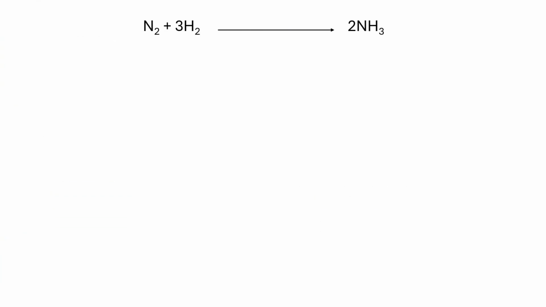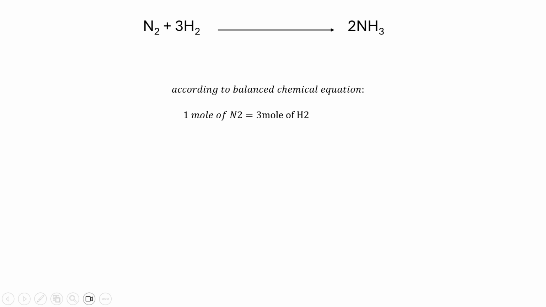We can again write this particular equation according to the balanced chemical equation. Over here you can see for every 1 mole of nitrogen we require 3 moles of hydrogen. Then we can write 9.29 moles of nitrogen would require, simply multiply it with 3 and we would get 27.87 moles of hydrogen. So this is the amount of hydrogen that would be consumed in a reaction.